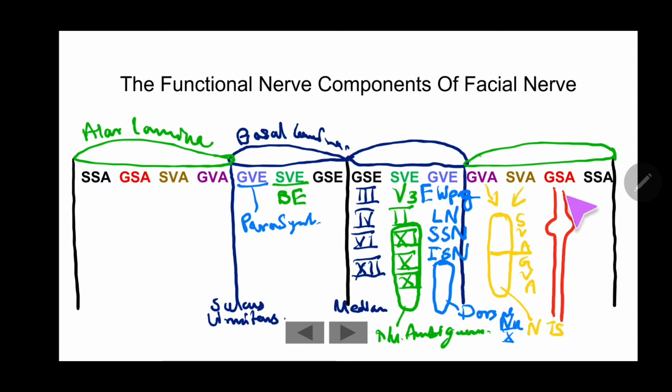So here the upper portion is called the mesencephalic nucleus, the mesencephalic portion. This is the main or the chief sensory nucleus of the trigeminal, and this is the spinal nucleus of trigeminal. The name spinal is given because it reaches to the spinal cord.